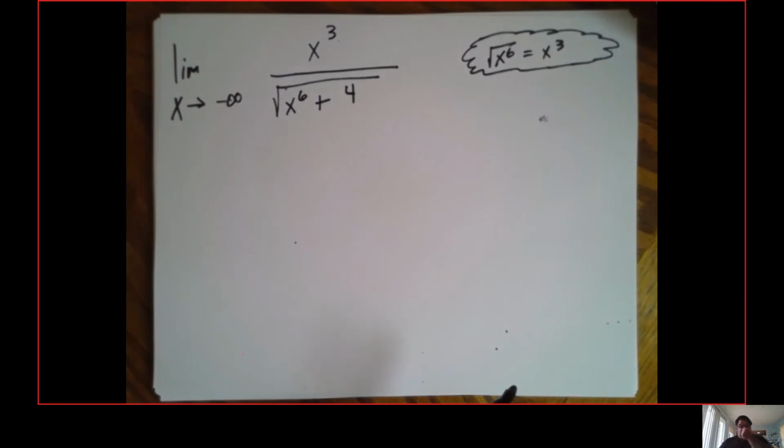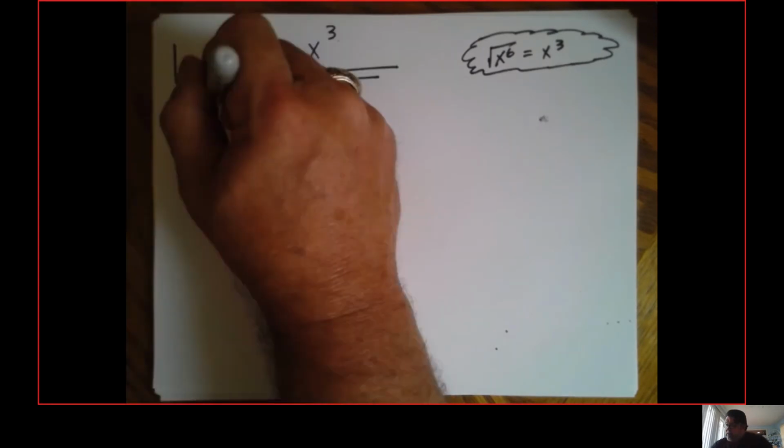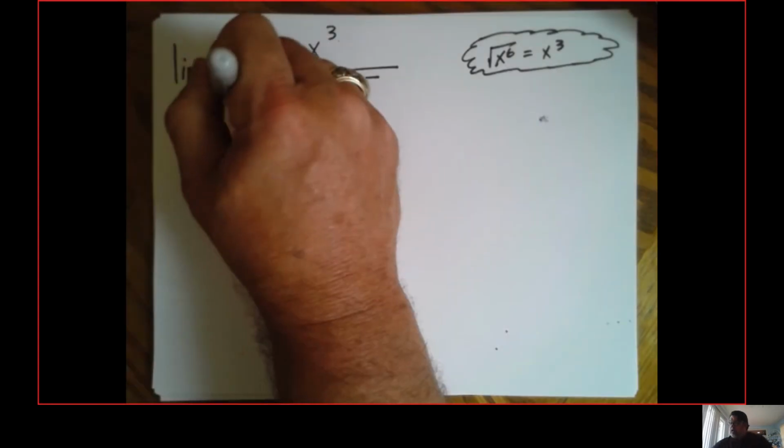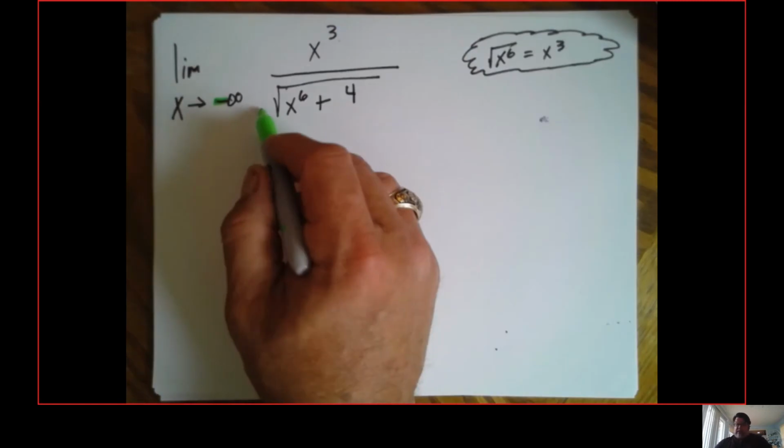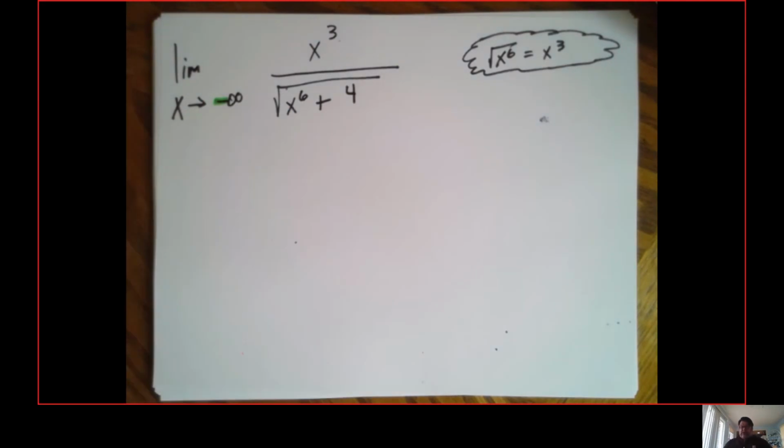So I know I'm going to multiply by 1 over x cubed, because that way I can change it into the square root of 1 over x to the 6. Now, since this is negative, I'm going to make sure that whatever I multiply on the bottom is going to be negative. And that'll make things a whole lot easier. Don't ask me why.